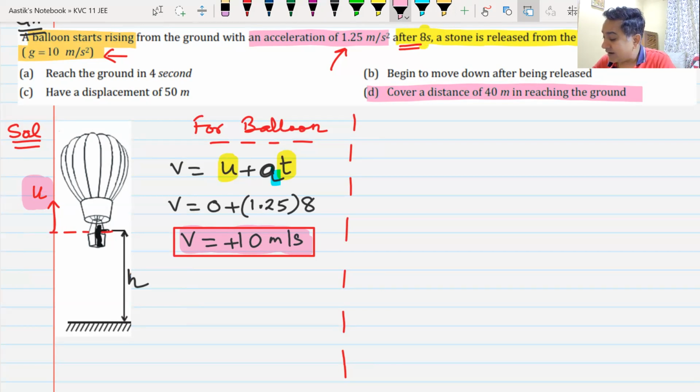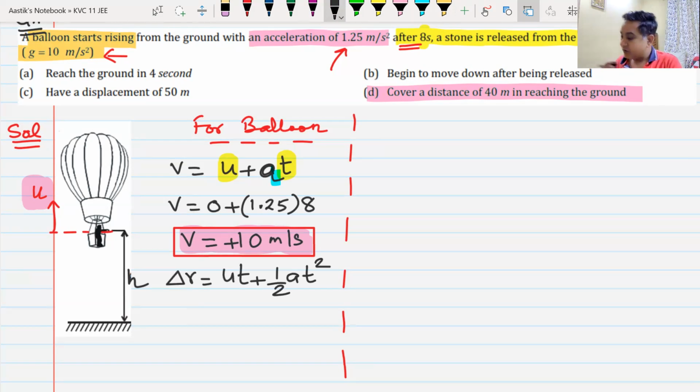Okay. Now I write the second equation for the balloon. The second equation will be delta R equals UT plus half AT square. The displacement of the balloon is h in the upward direction, so I'll write it as plus h.